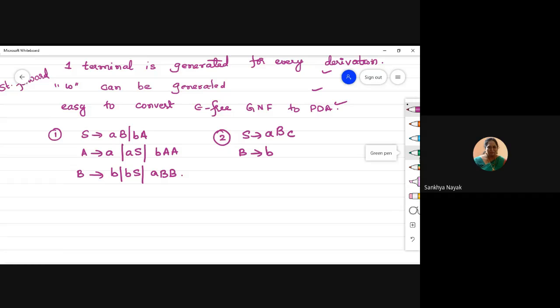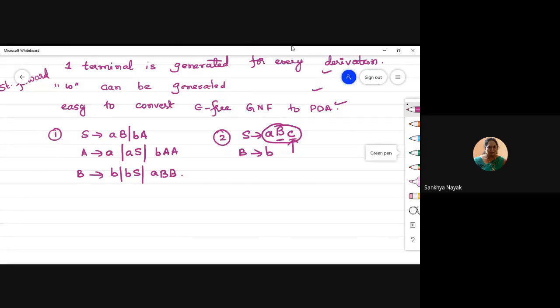No. Kirtana, Neha, Rashmi, Vaishnavi, all 4 are saying no. So you are right, it's not in Greibach normal form because of this. You can see there is a terminal symbol after the non-terminal symbol.